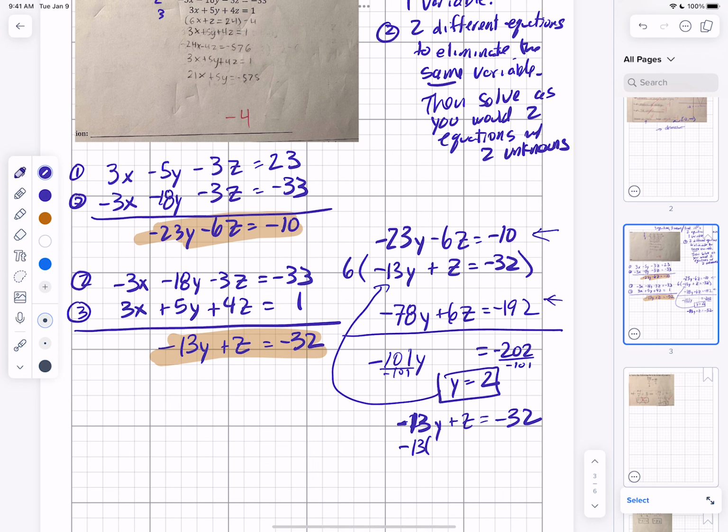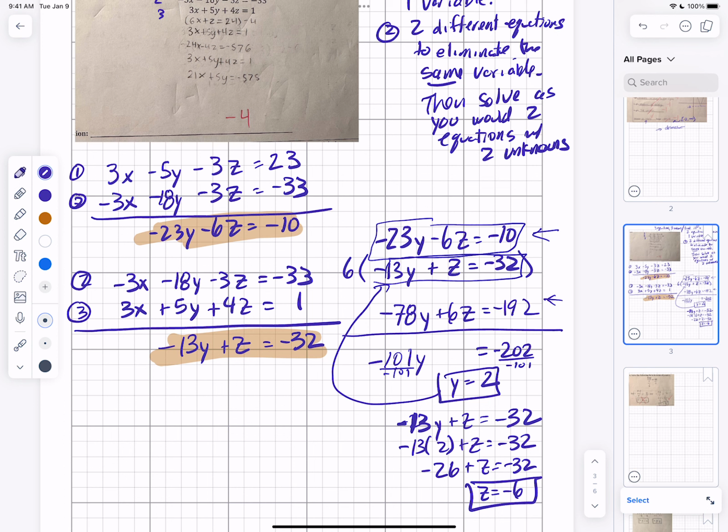So negative 13 times 2 plus z equals negative 32. So negative 26 plus z equals negative 32. So z equals negative 6. Now notice we could have plugged it back into this equation or this equation or even this equation, but I chose this equation because it had the smallest numbers, so it is easiest to calculate.